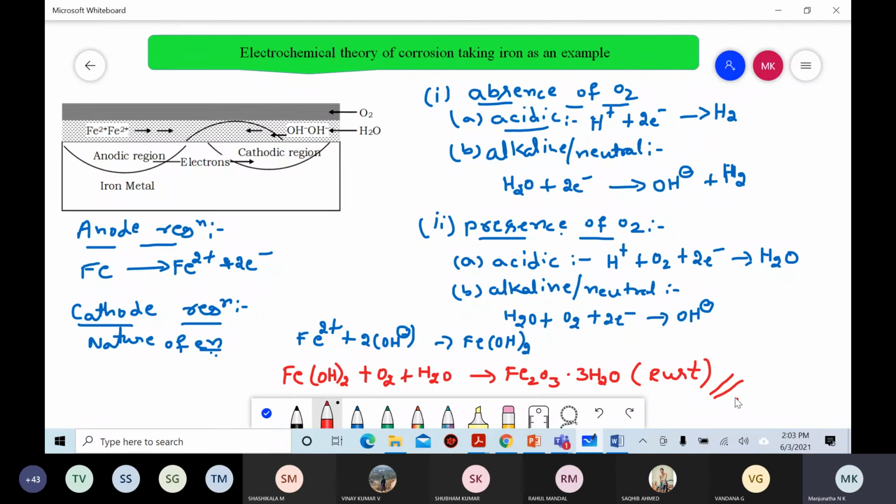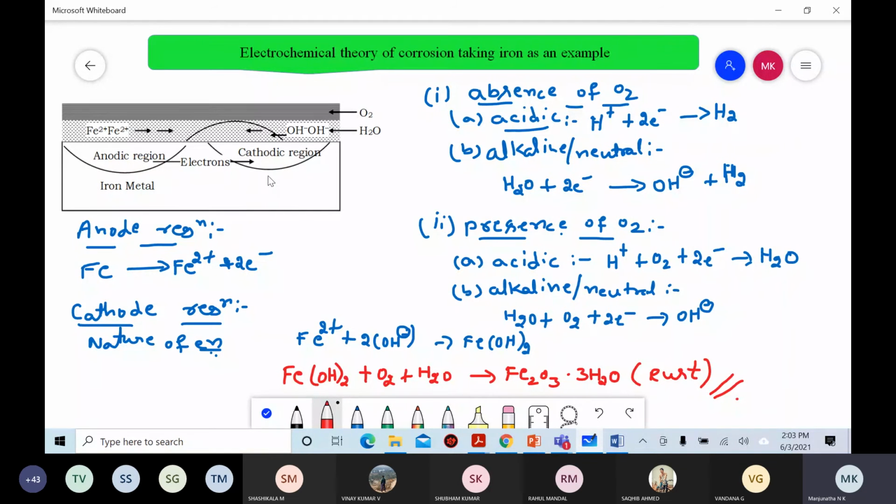Then, coming to the electrochemical theory, first you need to draw the diagram neatly. Then you need to write down three postulates. First, when a metal is exposed to the surrounding environment, a conducting medium, some portion of the metal behaves as anode and some portion behaves as cathode.